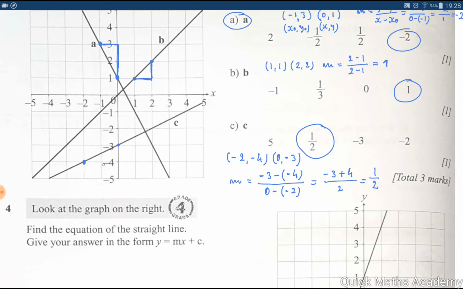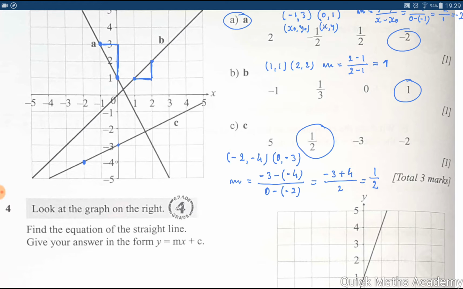For each 2 x's I move 1 y, okay? That means for each 2 y's I move only 1 x. No, not that. For 2 x's I move 1 y, okay?